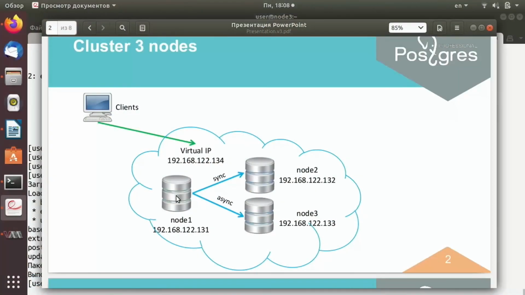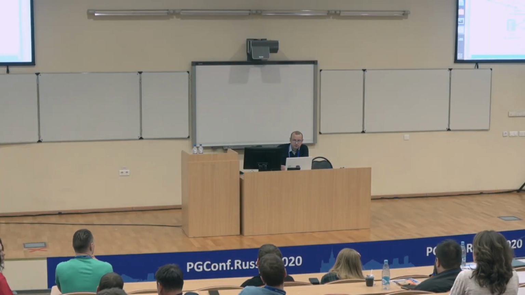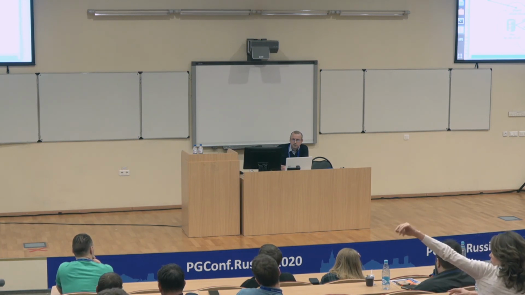On the previous schema, when you were writing long commands, you said that sync is a must, but at the end you've got one sync, the second one async. Why did it happen? Okay, I got it. You know, Corosync can operate with two replicas, with two standby nodes in async mode.